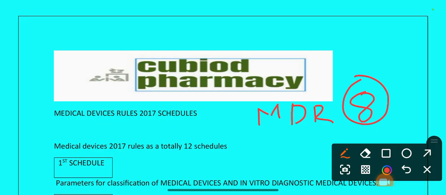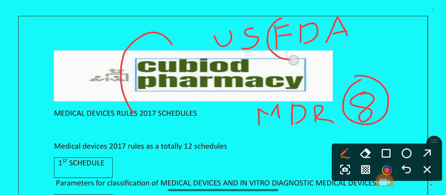Other countries follow a similar pattern, such as the US Food and Drug Administration, FDA. This is a system of classification and general controls that functions as a type of schedule for regulating medical devices. So totally how many schedules are present? Totally 8 schedules.